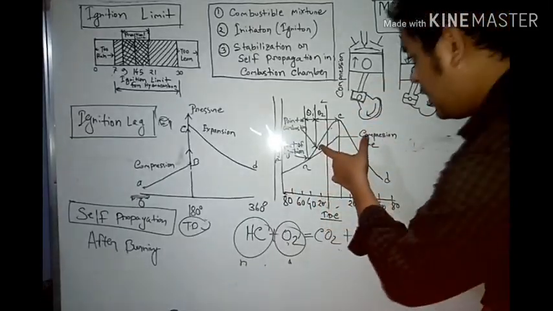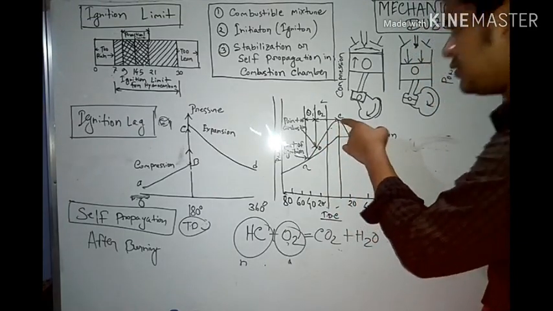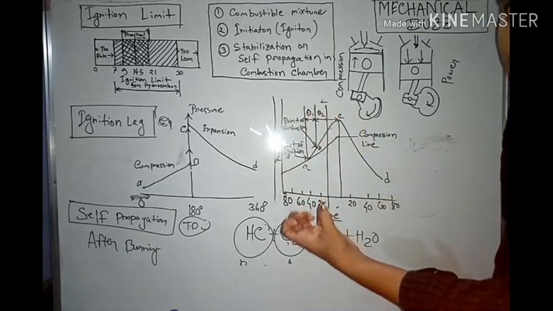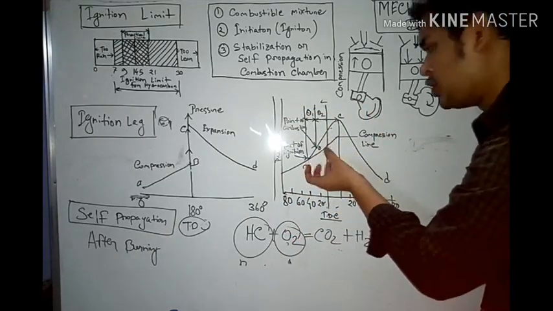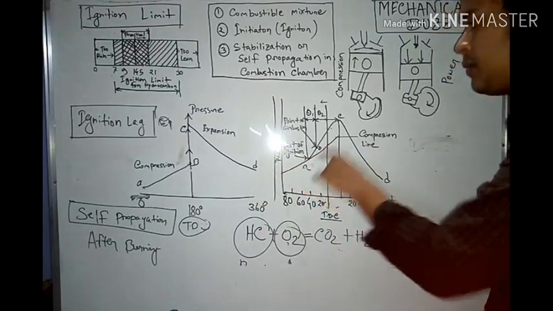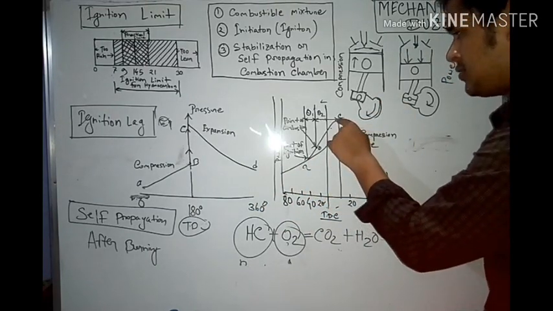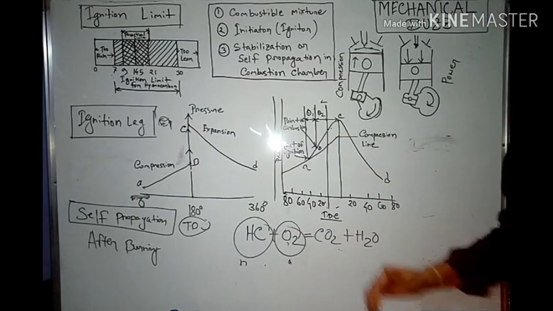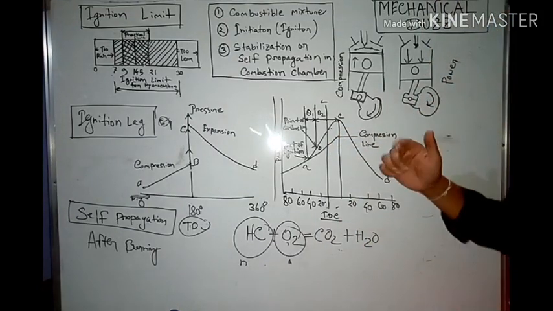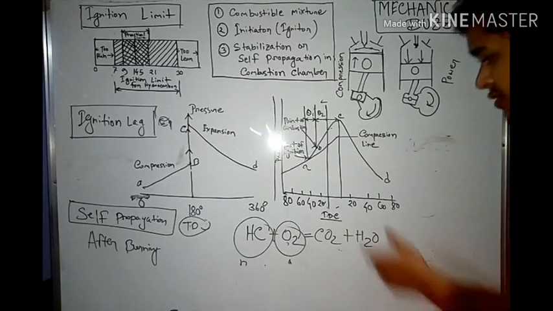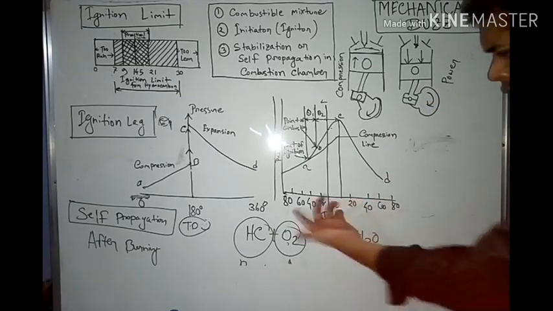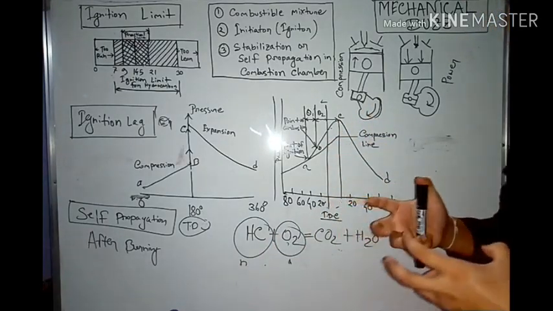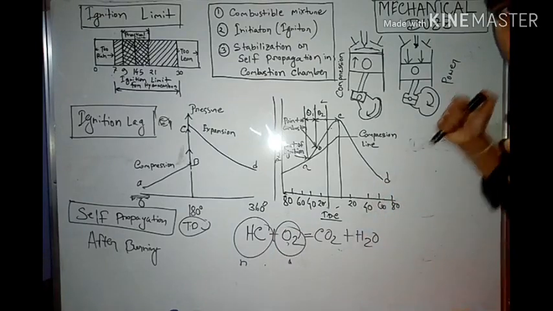After it reaches point C, this is the peak pressure that a piston gets, because the ignition can happen from here and combustion can take place here, but the explosion is from right here, after the piston has already visited TDC and is going down to BDC. After some 15 or 10 degrees, I don't know exactly, it gets the peak pressure because the explosion took place within a very short time.